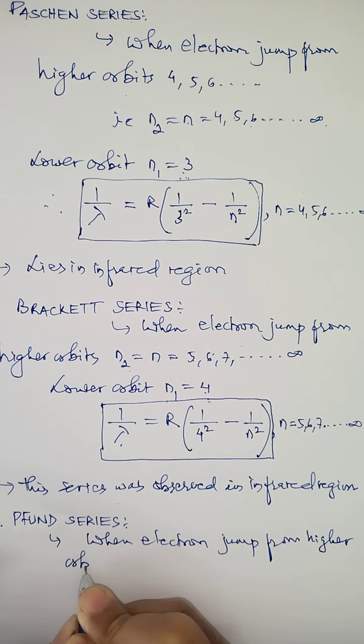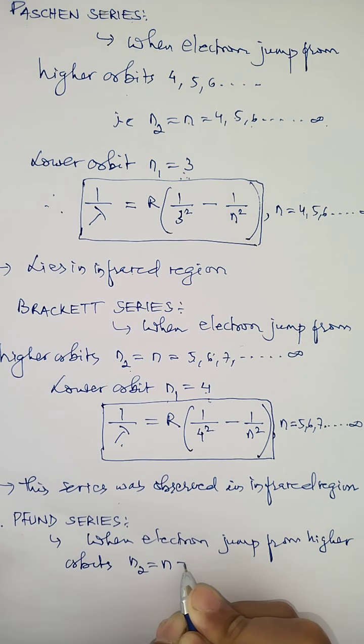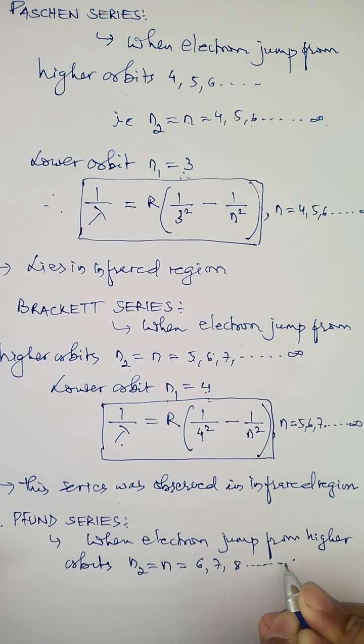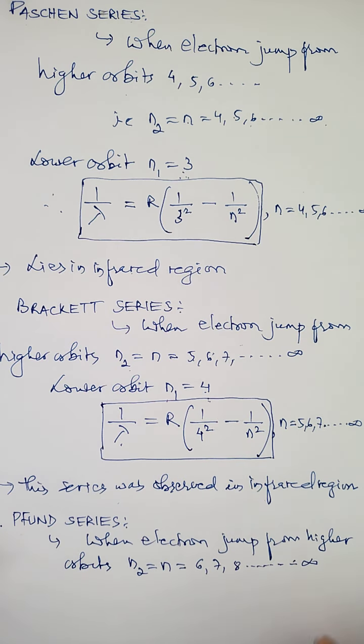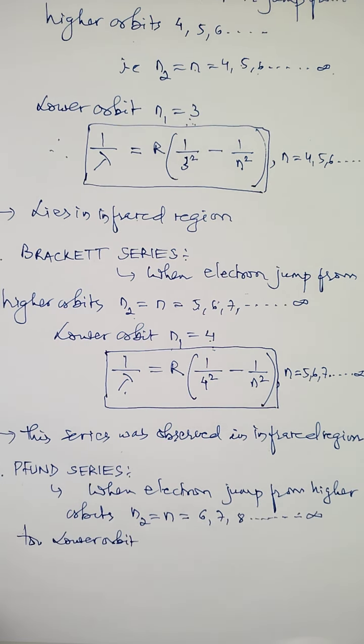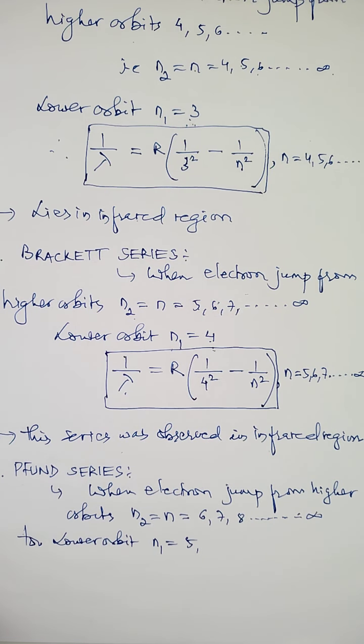The higher orbit is marked by n2 equals n, and the higher orbit must be 6, 7, 8 and so on, it can go up to infinite orbits, to the lower orbit. The lower orbit is n1, and this must be 5. So what is the lower orbit in the Pfund series? 5.